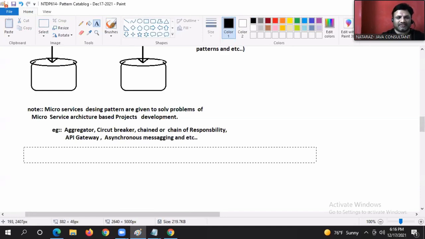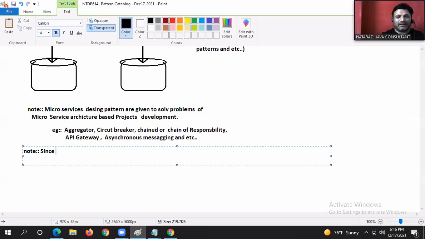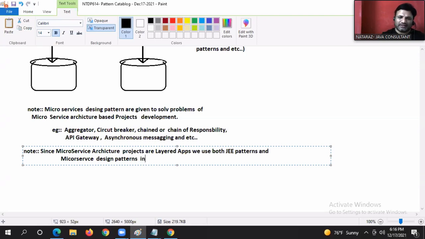Okay, now listen. Since microservice architecture projects are layered applications, we use both JWE patterns and microservice design patterns in the implementation of microservices projects.